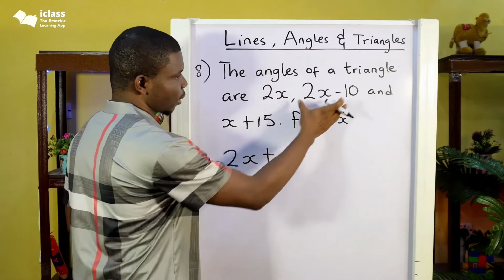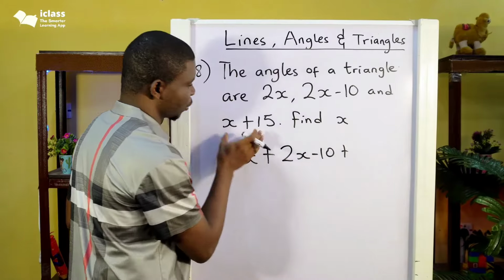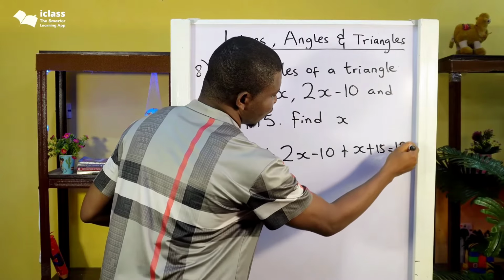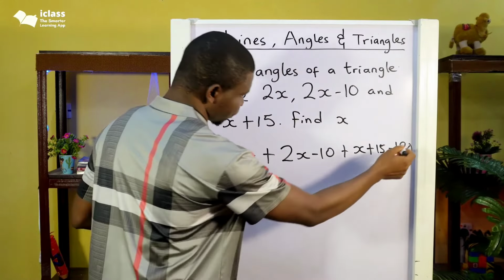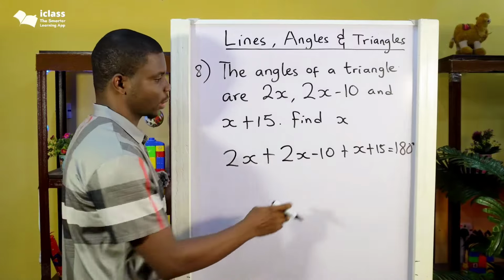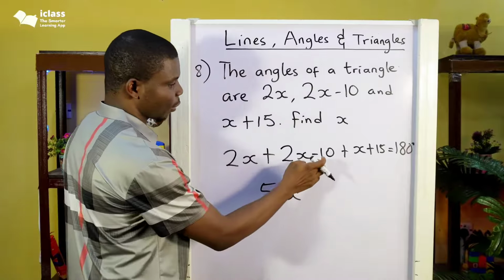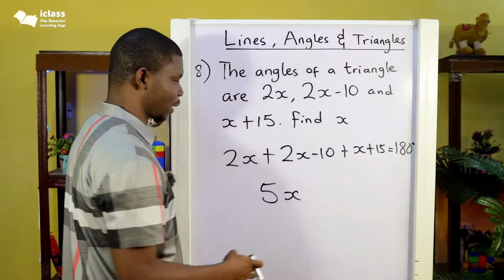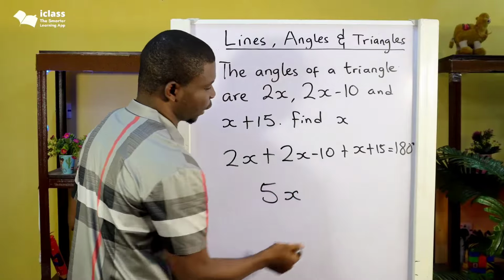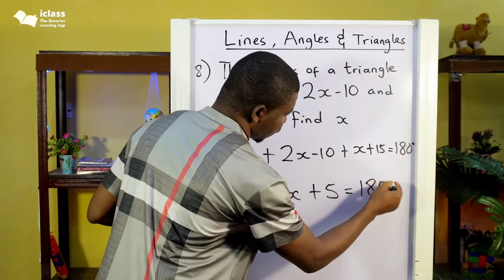So 2x plus 2x minus 10 plus x plus 15 should give us 180 degrees, right? 2x plus 2x is 4x, plus x is 5x. Now, minus 10 plus 15 will give us plus 5. This is equal to 180 degrees.